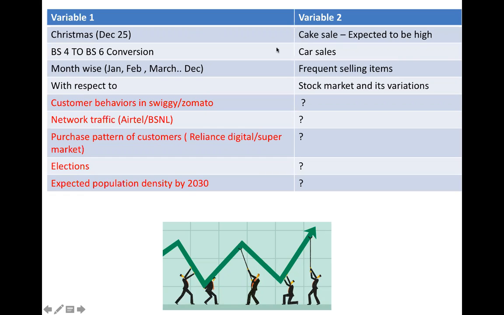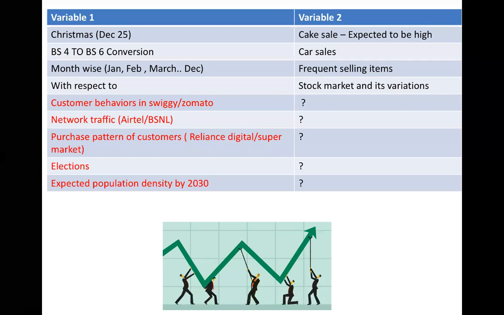We are going to see this. Other than that, we will be studying what are all the customer behaviors that affect the order pattern of Swiggy, and the network traffic and the purchase pattern of customers. So how they show the impact towards the monetary benefit of a business, we will be studying in this.